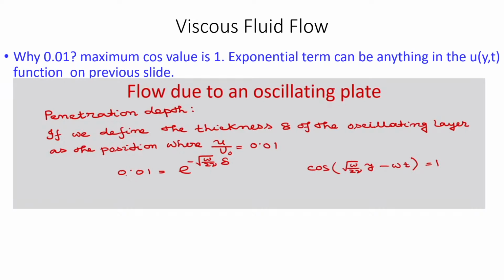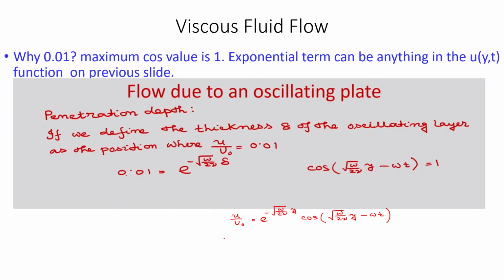You have seen that for flow due to this oscillating plate, we have the solution u by u naught is equal to e to the power minus root omega by twice nu y, cos of root omega by twice nu y minus omega t. Okay, so this is the velocity profile u, which is a function of y and t.